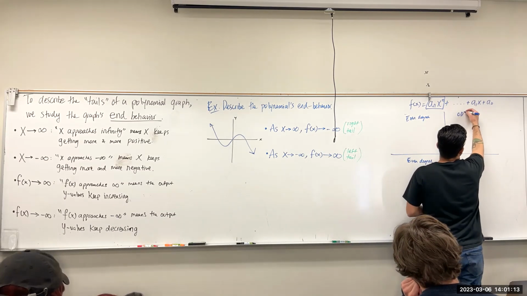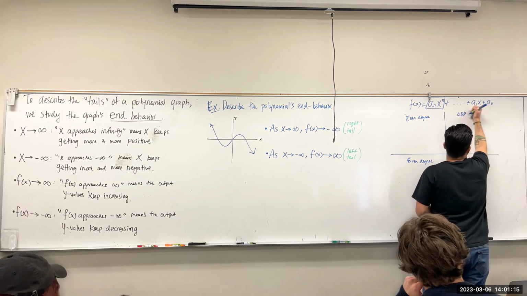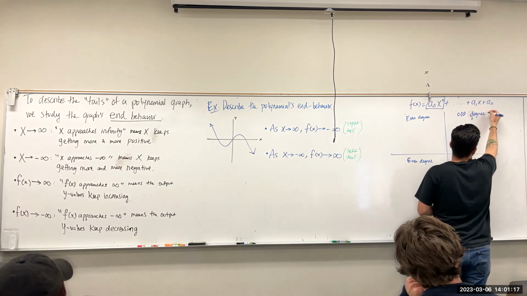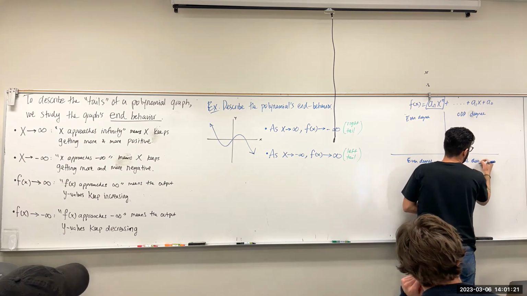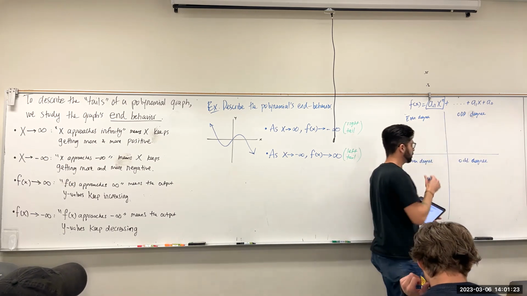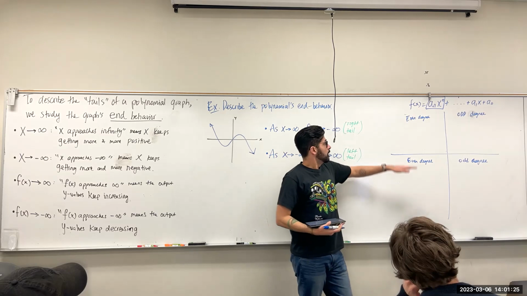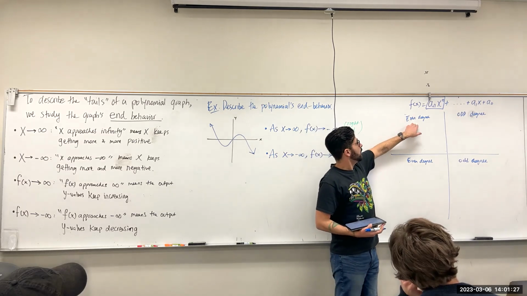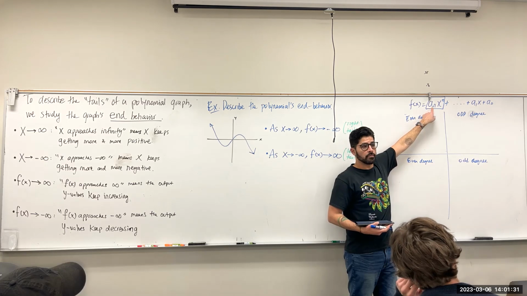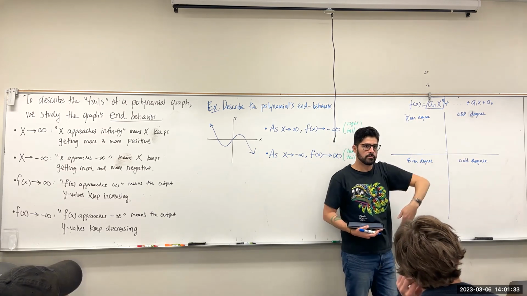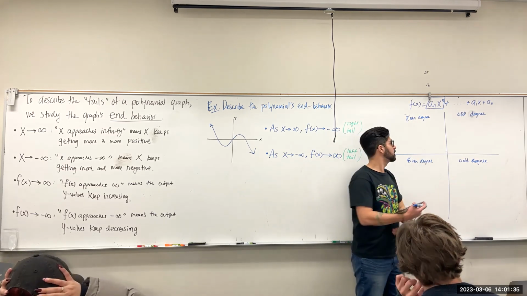So we're going to break it down that way. You see if it has even or odd degree, and then what affects it, as you were noticing, is the coefficient being positive or negative, because that does the reflection piece.